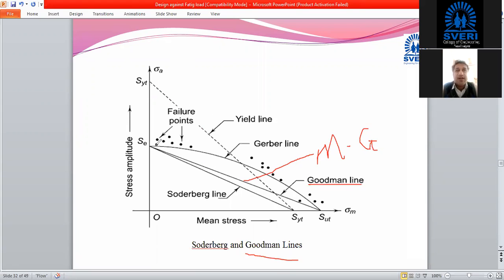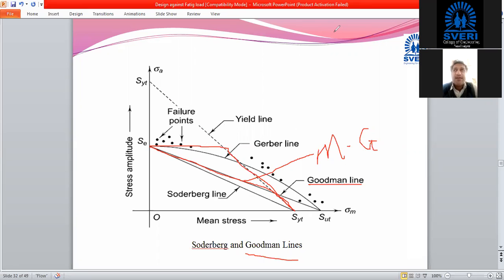Initially, he plotted this polygon. Again, later on, he plotted this polygon for safety. But again, Soderberg is giving more accuracy than this Goodman line.